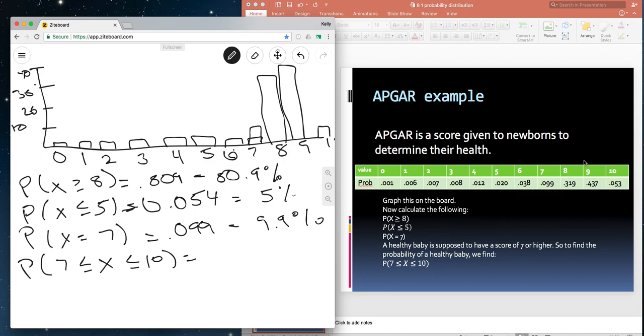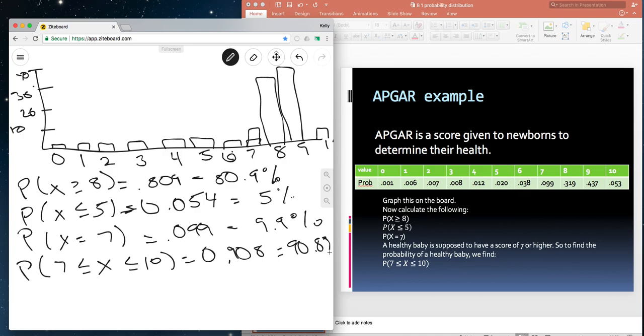So 0.099 plus 0.319 plus 0.437 plus 0.053 gives 0.908, or 90.8% of kids are healthy, which is good. We want our kids to be healthy.